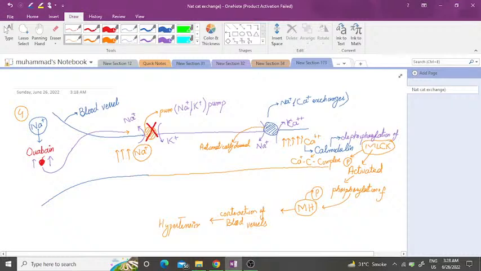When the calcium inside the cell increases, it forms a complex with calmodulin. This calmodulin activates myosin light chain kinase.